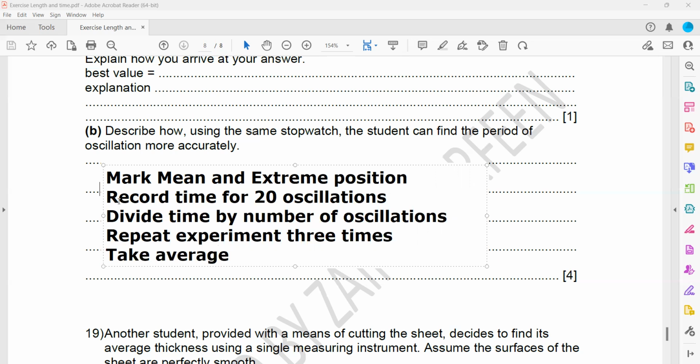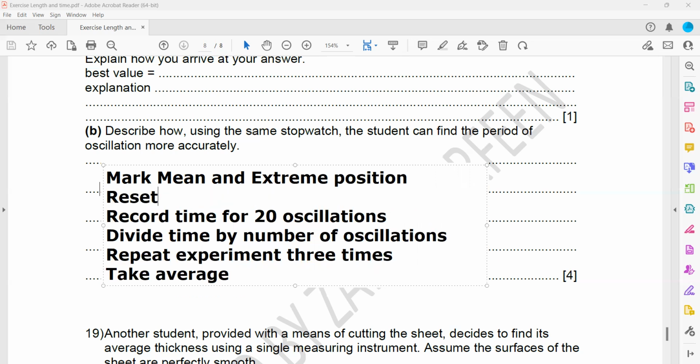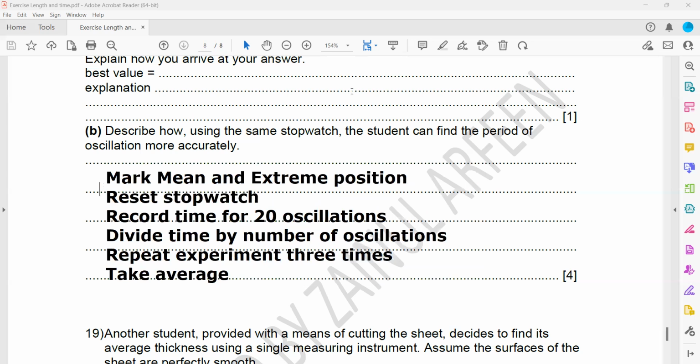Resetting the stopwatch is also a point. Mark mean and extreme positions, reset the stopwatch, record the time for 20 oscillations, divide the time recorded by the number of oscillations to get the period, then repeat the experiment 3 times, and at the end take an average.